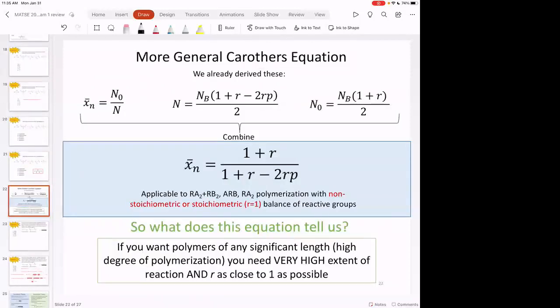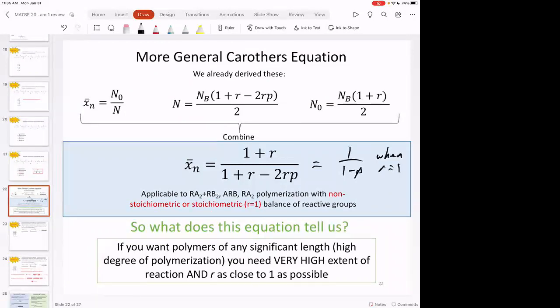Remember this Carruthers equation, this x bar n equals, what does this equal if r is 1? The actual equation. 1 over 1 minus p. Yeah, I just have 1 over 1 minus p memorized because I usually think about r equals 1, but when r equals 1, you should know which equation to use when and why you're doing it.